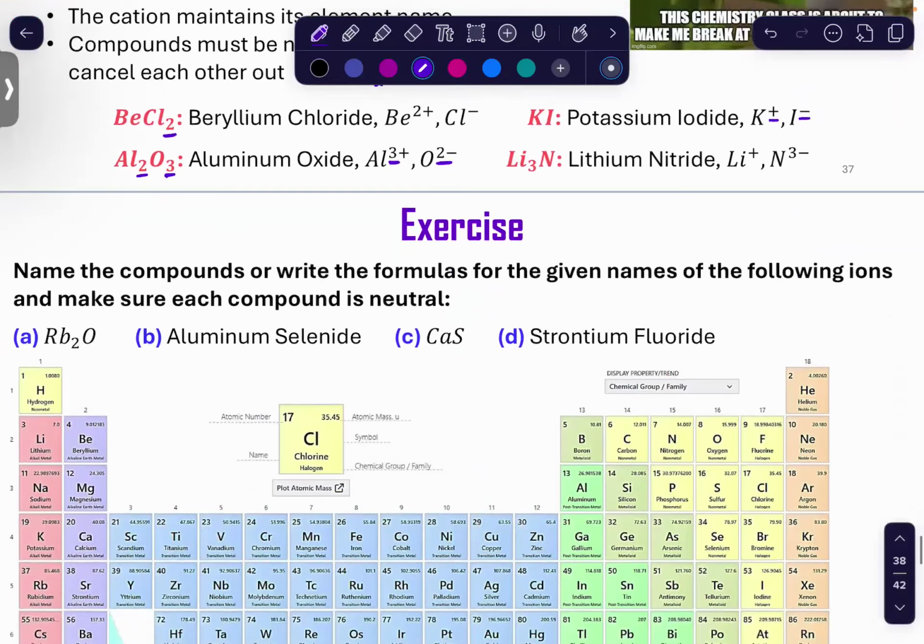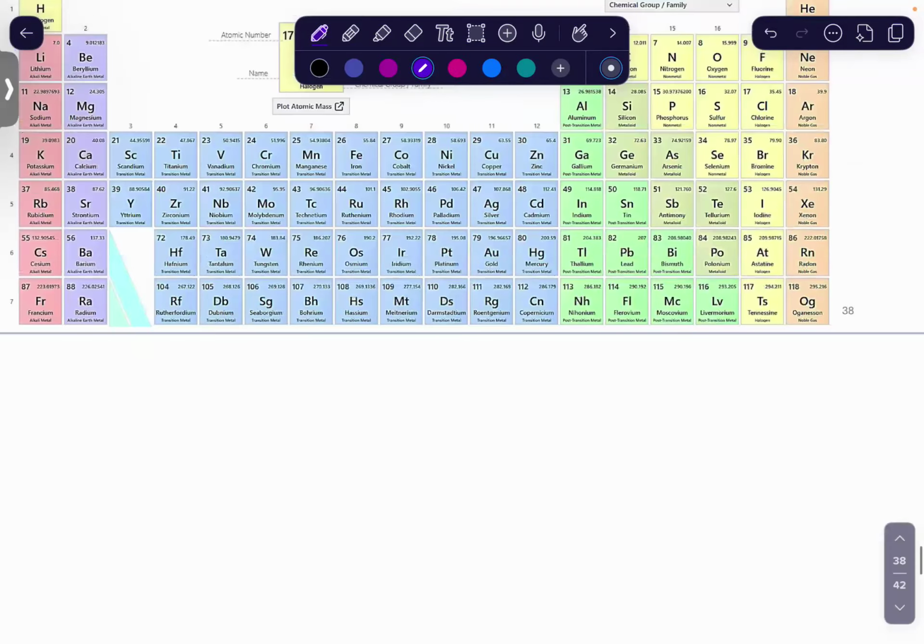So let's see here. Either name the compounds or write the formulas for the given names of the following ions. I gave you a bigger periodic table to work with. Hopefully you can see the names okay. Okay, so let's look at that first one, Rb2O.